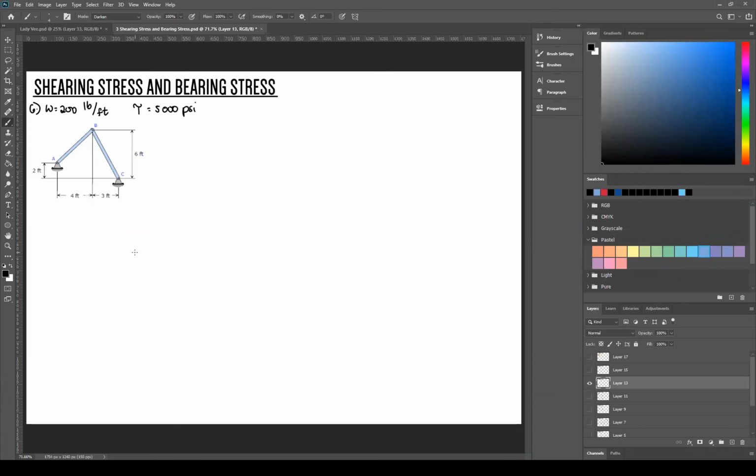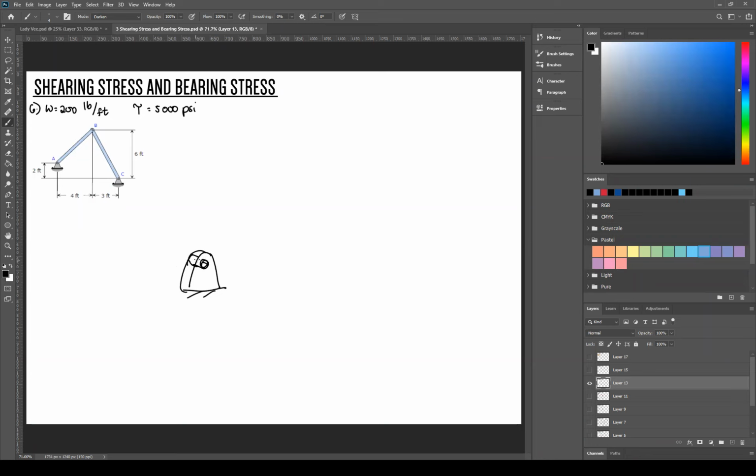So for this shear stress, what I need is the shear force, the shear force being experienced by A. And shear force, again, is the force parallel to your object. The object in question here is your pin. Okay, so if we try to draw this support, this is your pin, something like that.